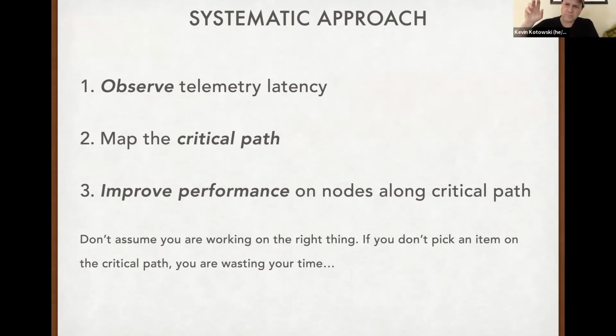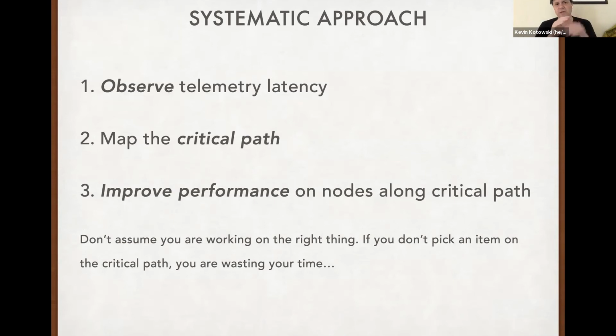It's like, oh, we think things are running slow because of this thing over here, and then they just start trying to fix it. That might help, it might not, and this systematic approach will help make sure that you're working only on the things that are going to matter. We'll follow that systematic approach through.